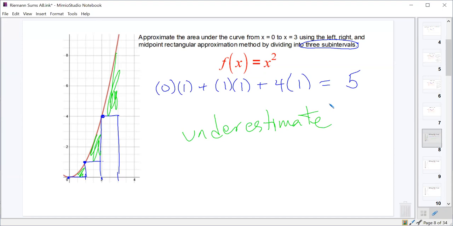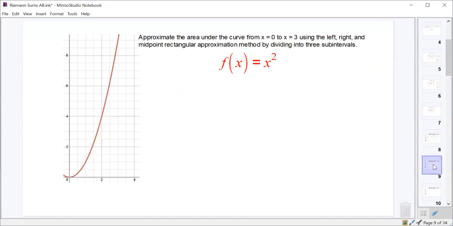Okay. Now let's do a right approximation. Same criteria: interval from 0 to 3, 3 subintervals, so 0 to 1, 1 to 2, and 2 to 3. Our first rectangle will be up all the way at the function's value at x equals 3, which is 9.